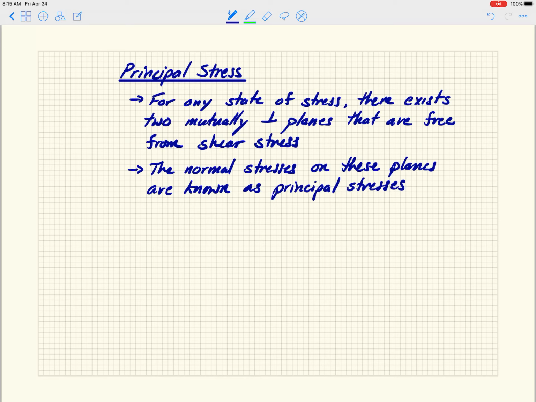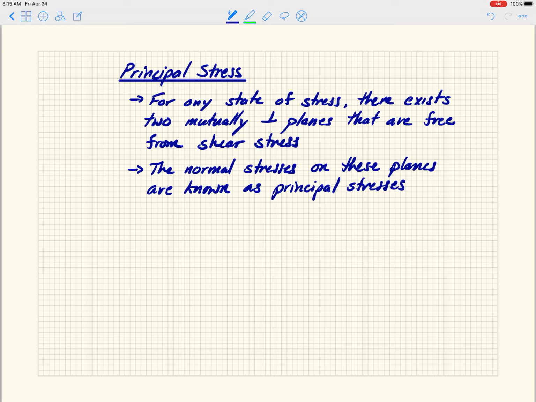Okay, so what I want to talk about today is first and foremost this idea of principal stress. Principal stresses are defined in the following way. For any two-dimensional state of stress, there exist two mutually perpendicular planes that are free from shear stress.